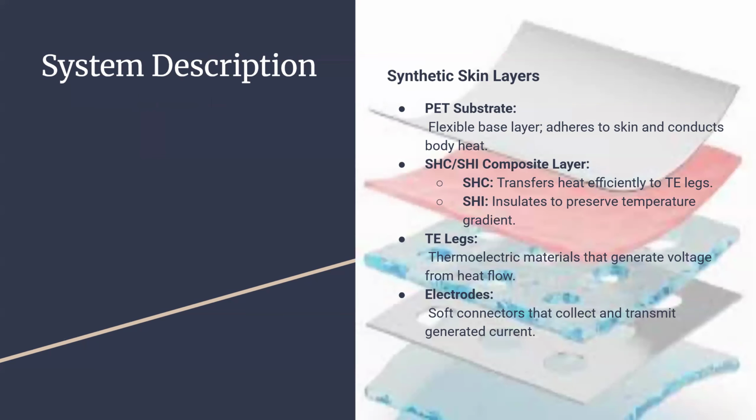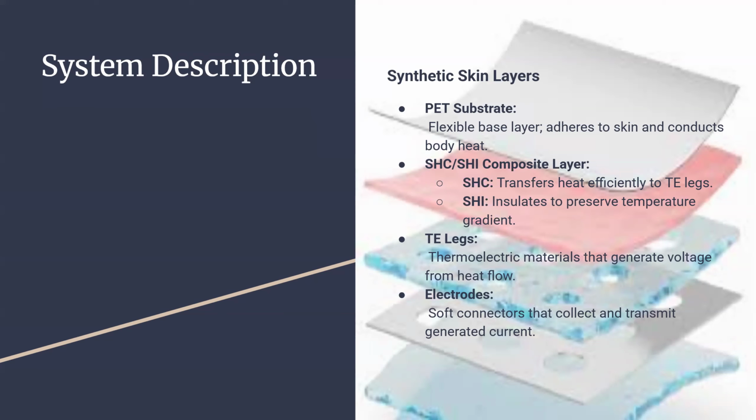Since this is a synthetic skin, we have several layers that we used to achieve our thermoelectric generation. The PET substrate is the portion of our synthetic skin that actually adheres to the body. This is going to be a primary heat conductor for body heat.